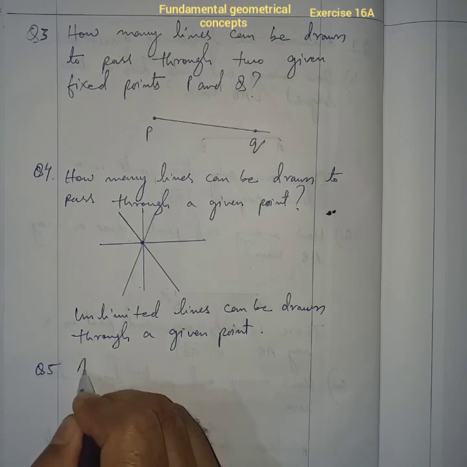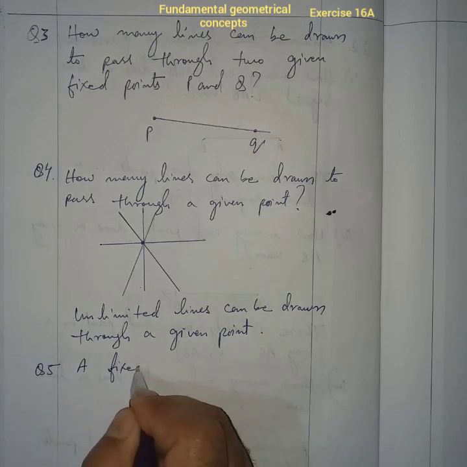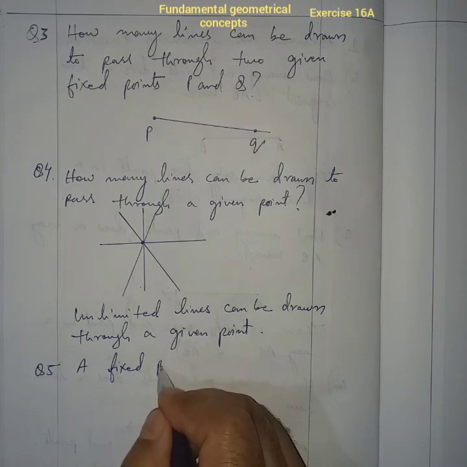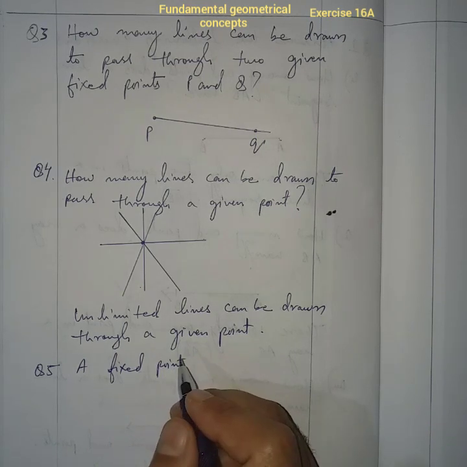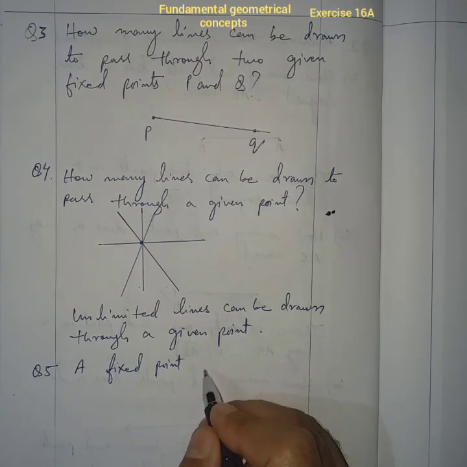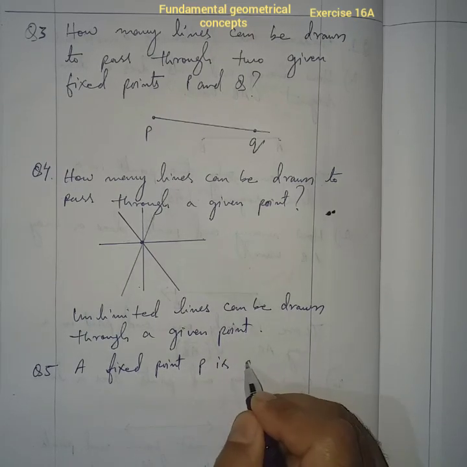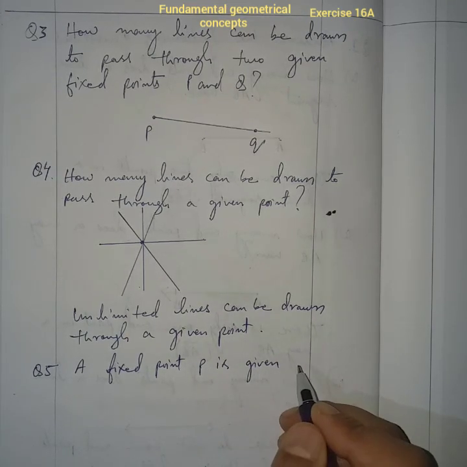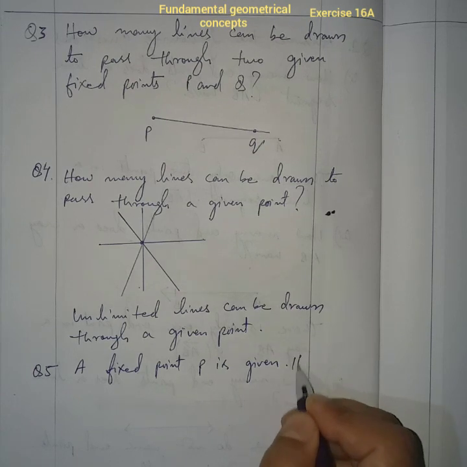5. A fixed point P is given. A fixed point P is given.